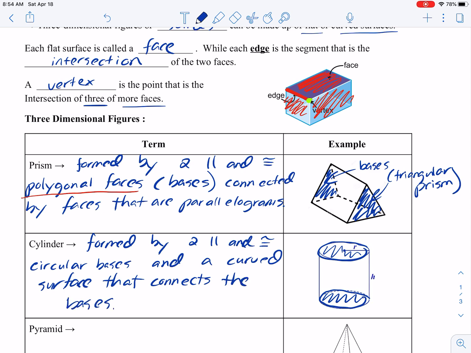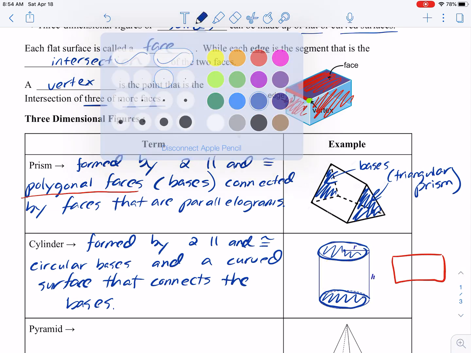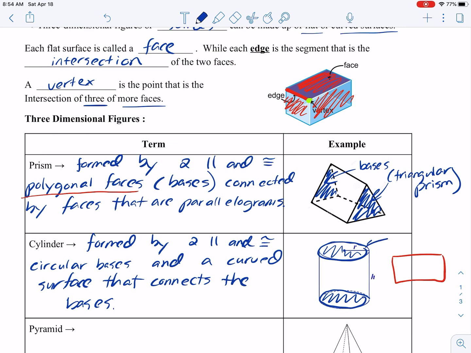And it's just one curved surface. It's pretty much a rectangle. If we open it up and laid it flat, it's this rectangle that's wrapping around the two circles, which would be that curved surface. But once again, this is a cylinder because the two bases are parallel circles.